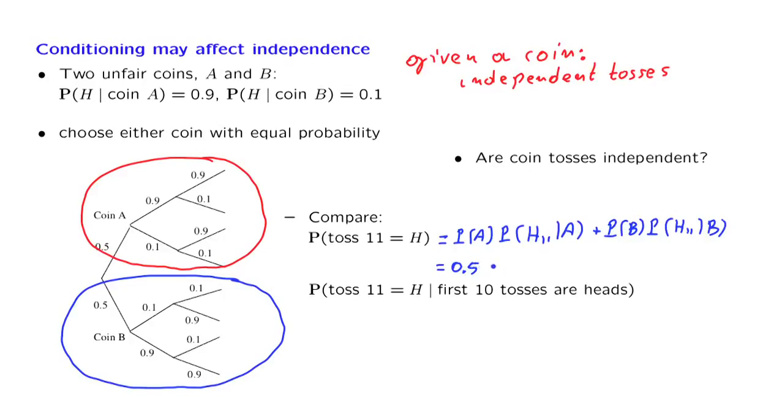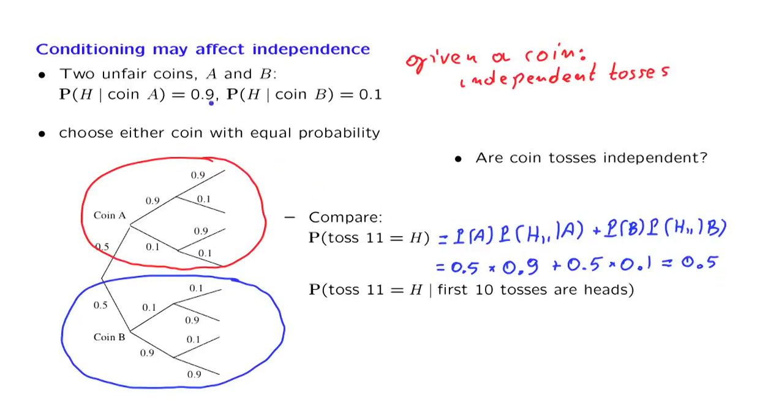We have 0.5 probability of obtaining a particular coin, 0.9 probability of heads for coin A, 0.5 probability that it's coin B, and 0.1 probability of heads if it is indeed coin B. We do the arithmetic and we find that the answer is 0.5, which makes perfect sense.